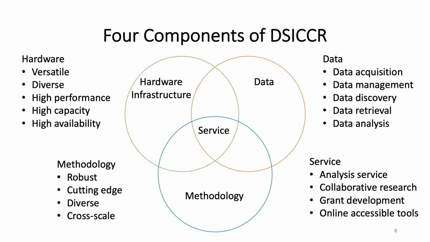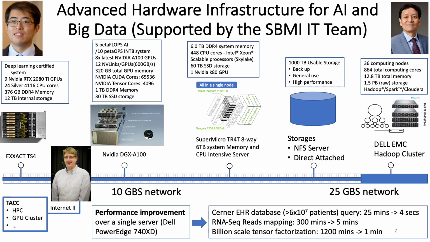For the hardware, we spent a significant amount of effort to put together this infrastructure. I worked with our SBMI IT team and also with faculty like Xiao Chen. We put together a hardware infrastructure that includes the latest GPU server with robust NVIDIA GPUs so that we can train deep learning models for all kinds of research.